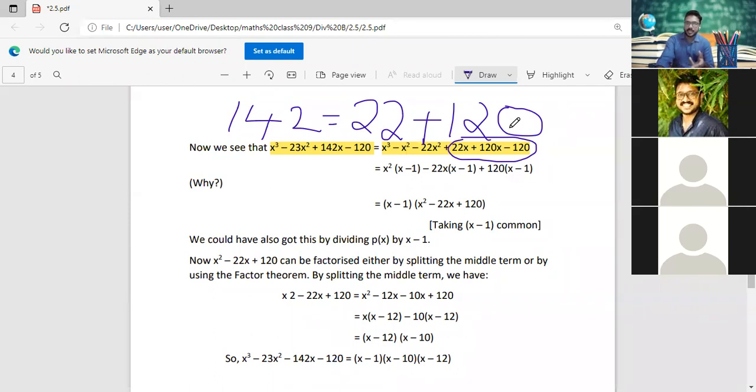So actually this can be splitted into two steps also. In the first equation, you may just write x cube minus x squared minus 22x squared plus 142 minus 120. Again, you can come to the next step, and then you may split 142 also. That's also possible.